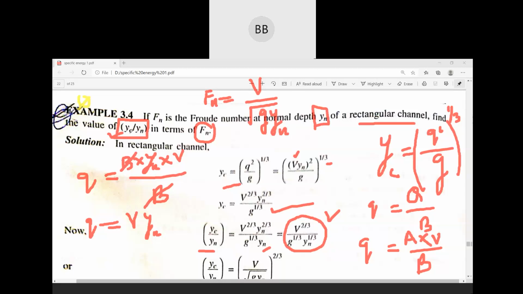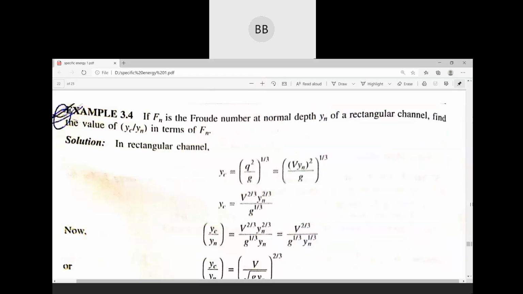So now we have to find this expression in terms of Fn, so we have to substitute that Fn. So we have V and then root over g. To introduce that Fn in that equation, you see we have V, g and Yn, so it will be to the power 2 by 3.